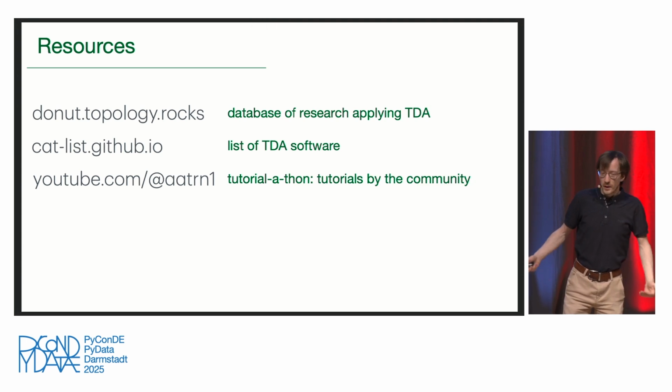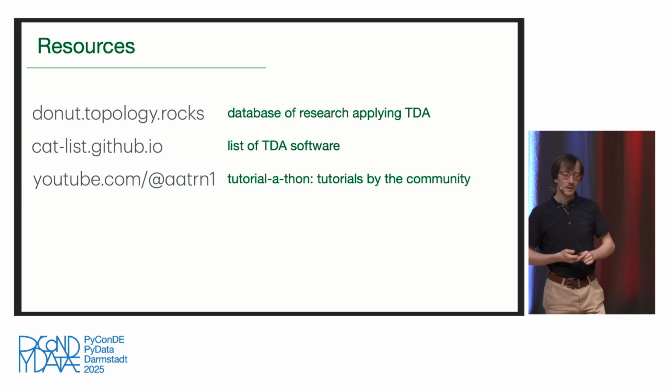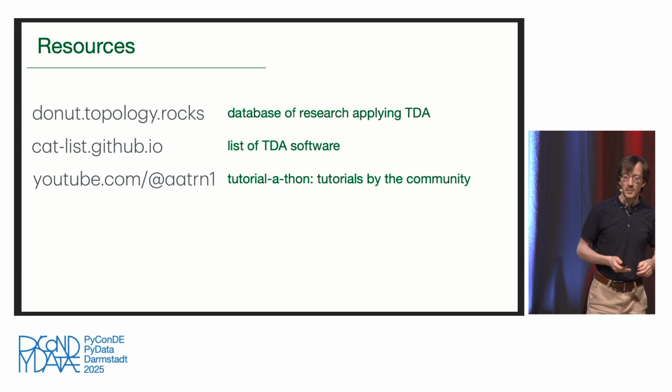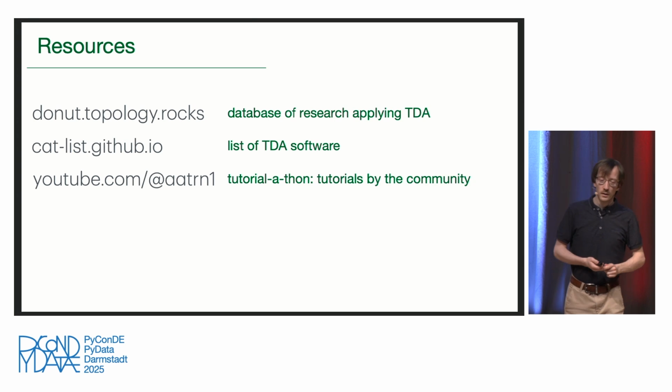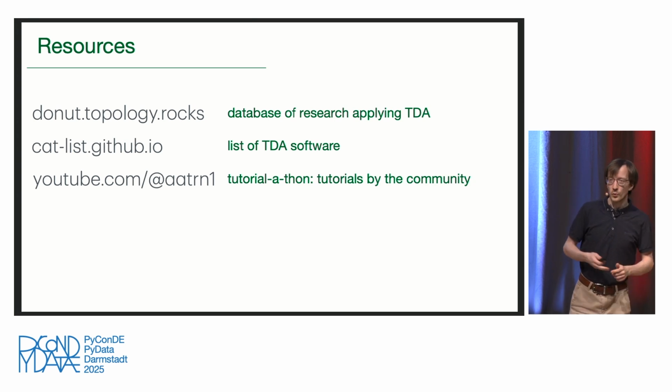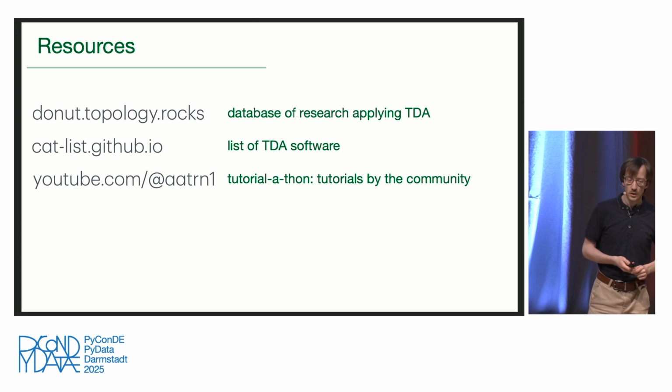That's basically what I wanted to tell you. Let me finish with some resources that might be useful if you want to get into this. There's this Donut database. That's a database of research papers that apply TDA methods to any real-world problems. They have a lot of tags, so if you care about some particular field, you can just search for that.